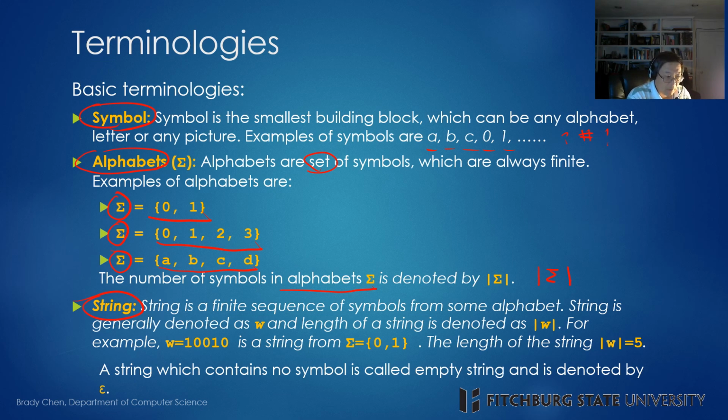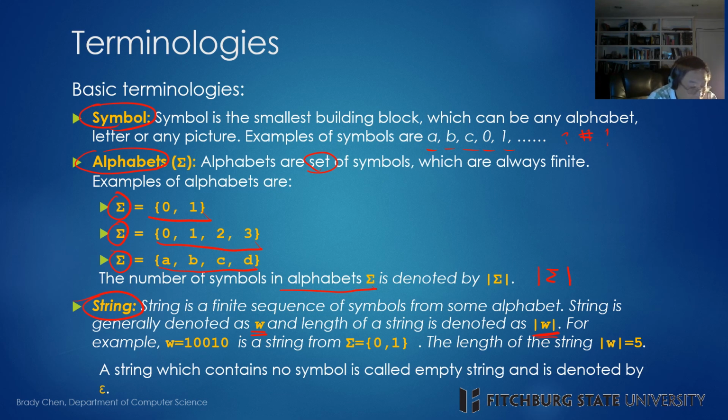A string is a finite sequence of symbols from some alphabet, and is generally denoted as W. The length of a string, the same as the number of symbols, is denoted by putting 2 bars on both sides.